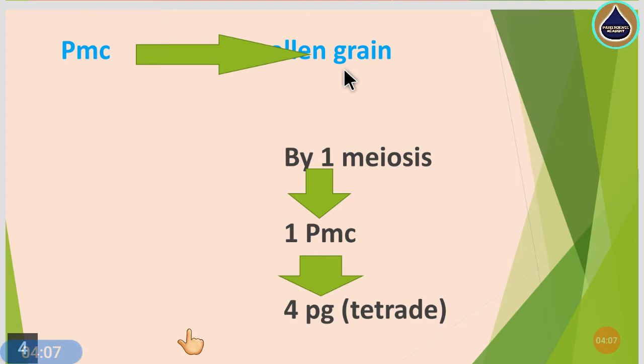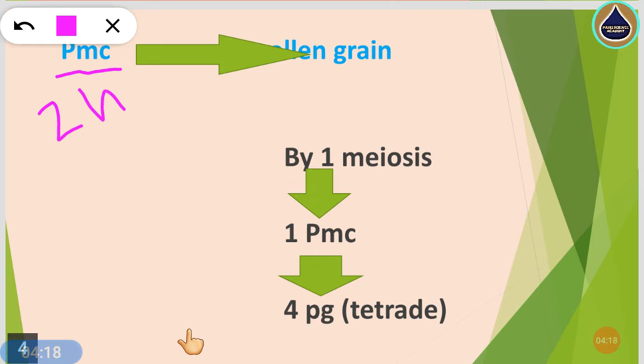The pollen mother cell, PMC, having the double number of chromosomes, goes for meiotic cell division, and by meiosis this pollen mother cell converts into pollen grain.